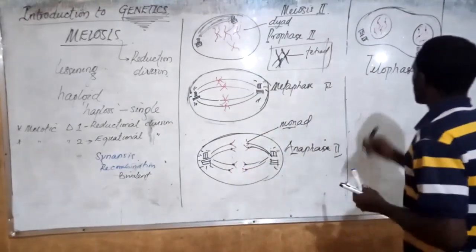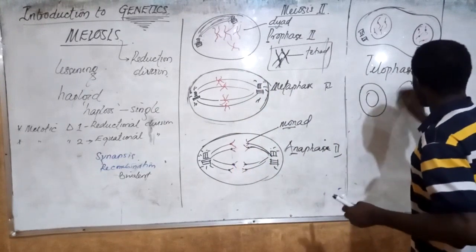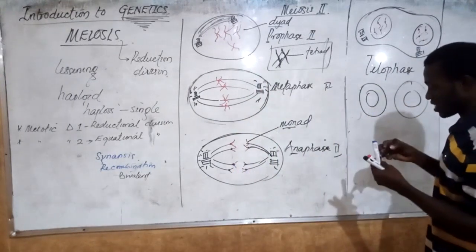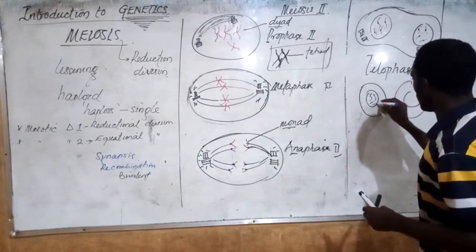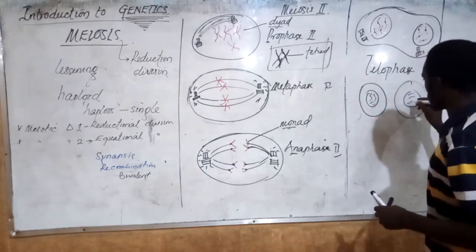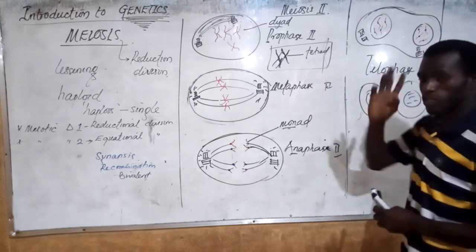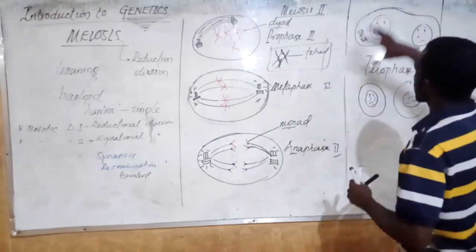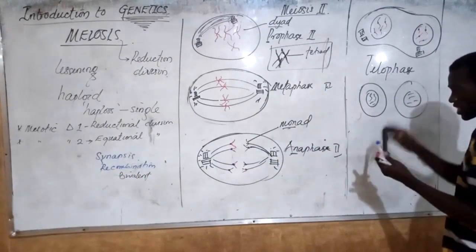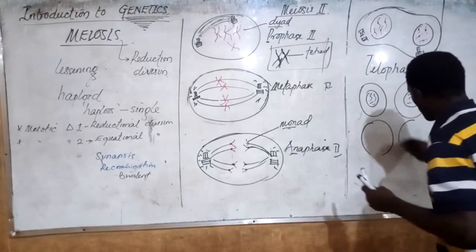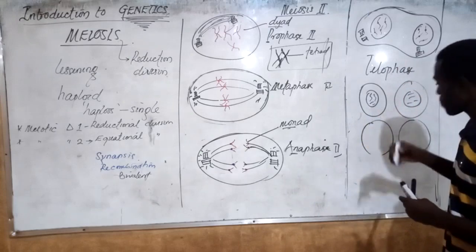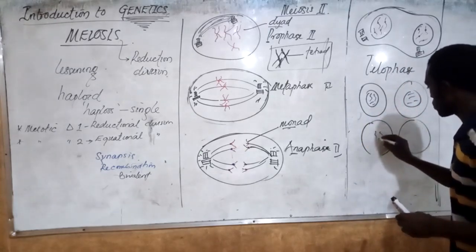So listen up, you notice the same thing. Now it doesn't mean that it is two daughter cells that are formed there. In fact, there are four daughter cells that are formed. Why? Because we divided into two there. So one of those two will divide into these two, and the other one will divide into these two, giving rise to four haploid daughter cells.